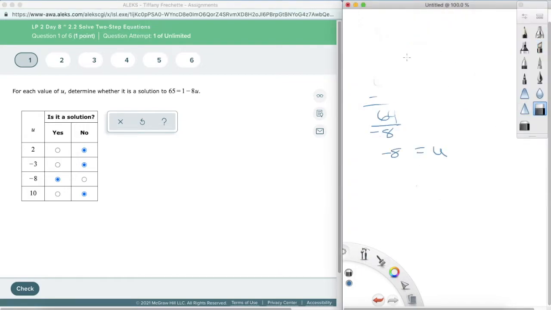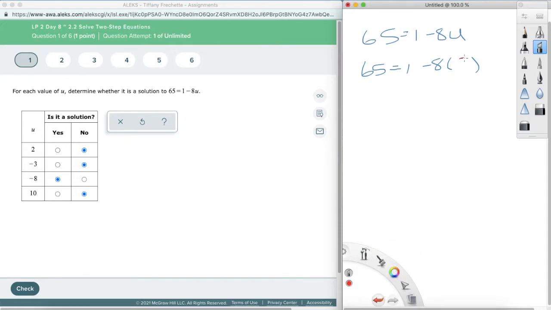So I'm going to go back just to give myself room. So we have 65 equals 1 minus 8u. So what we're going to do for each one, so here's my first one, minus 8. And my first number that they want me to try is 2. And what we're doing is we're plugging it in.